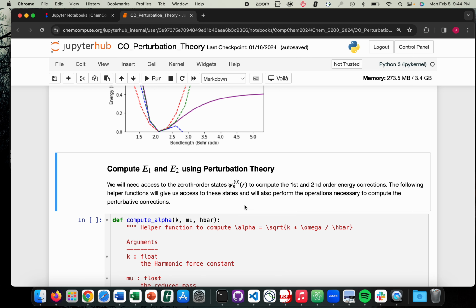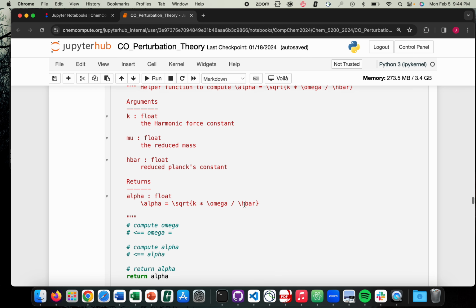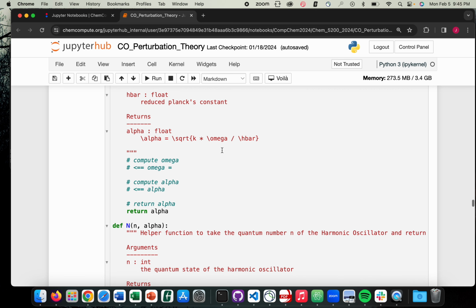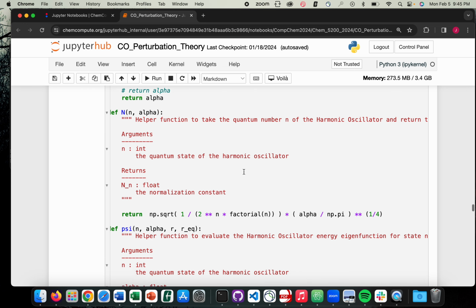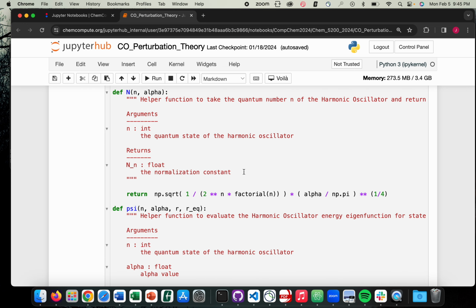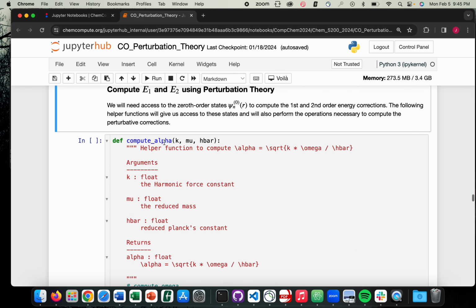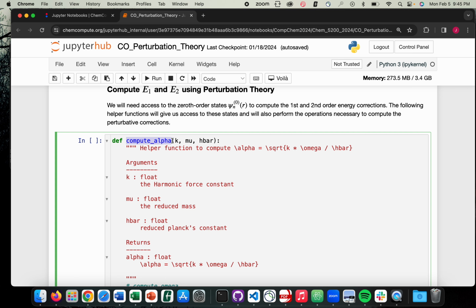Okay. So now, the things that I need to do to complete this notebook are actually relatively small. One of the things that I need to do is fix or complete this function compute alpha. And this alpha is defined as the square root of k times omega over h bar, okay?